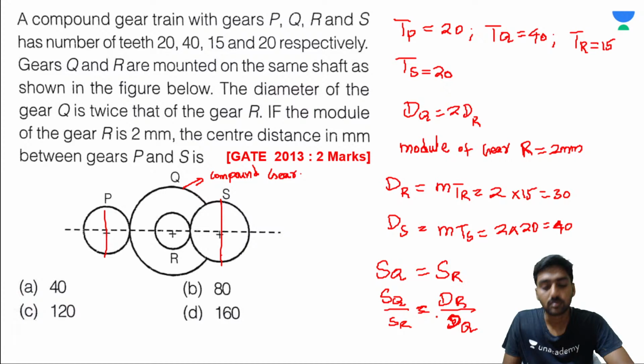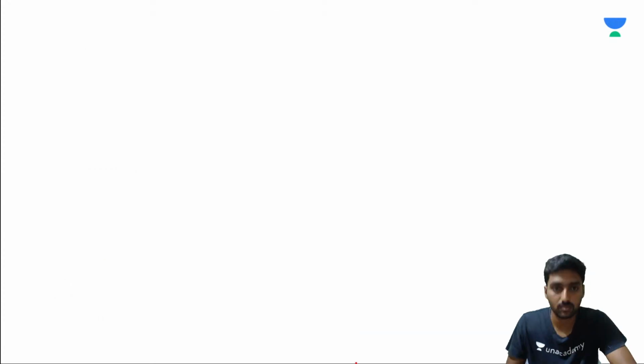The speed of these two are equal, SQ is equal to SR. Right? From this condition, DR divided by DQ is equal to 1.